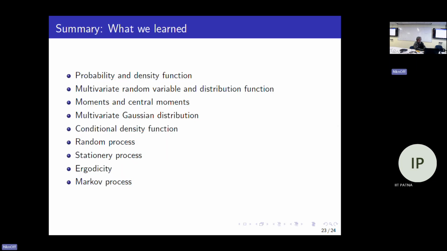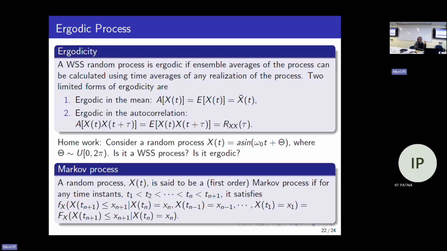Then two things are important. One is ergodicity and another is the Markov process. So what is an ergodic process? First, this process has to be WSS. And then it is ergodic if the ensemble average of the process can be calculated using the time average. What is the meaning? We have two things: one is the ensemble average, another is the time average.